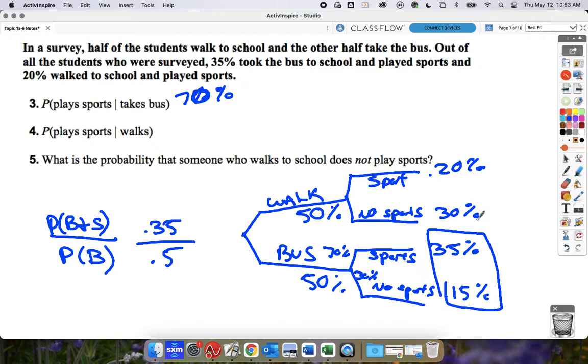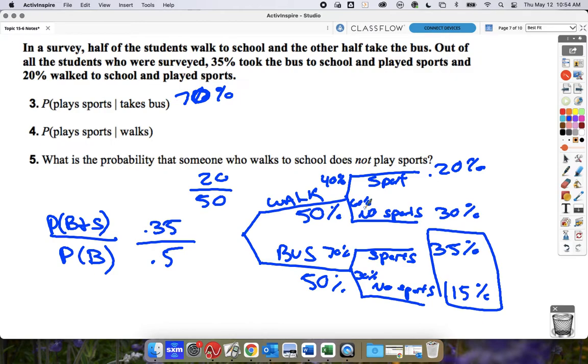If you look at the tree diagram, to figure out how many people play sports given they walked, it would be 20% over 50%, which is 40%. 40% of the walkers played sports, and 60% of the walkers did not play sports.